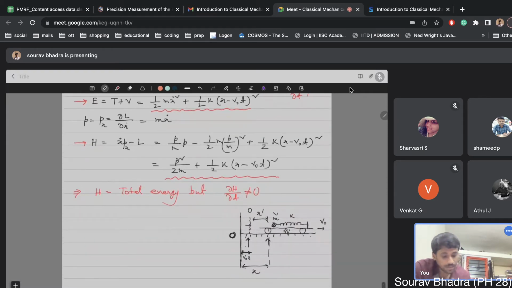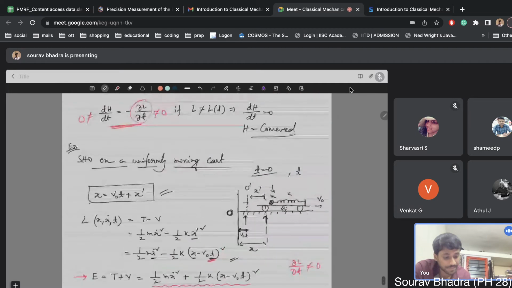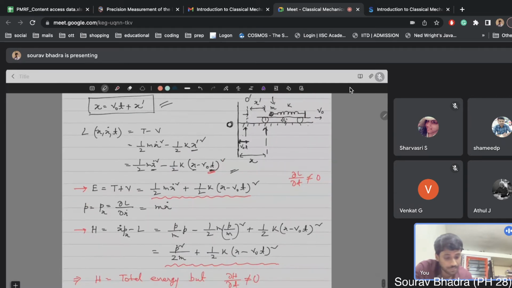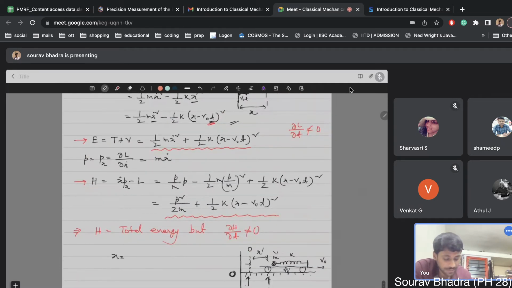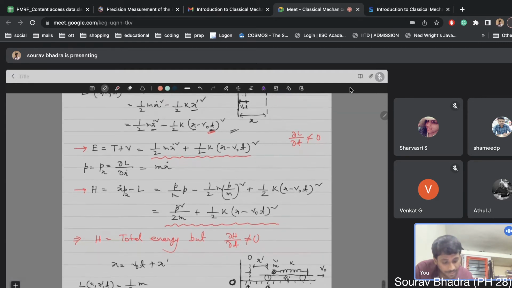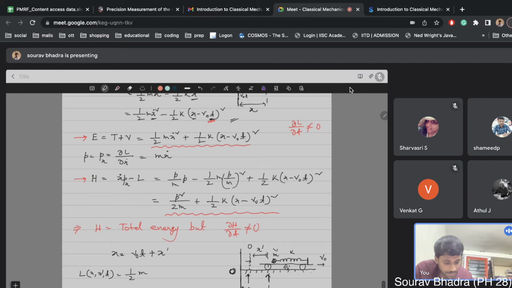Now we will write everything in terms of x dash, the same thing but just in terms of x dash. So x was v0 t plus x dash. Now L of x dash, t, if you write half m x dot square, that means x dot will be v0 plus x dash dot, right?